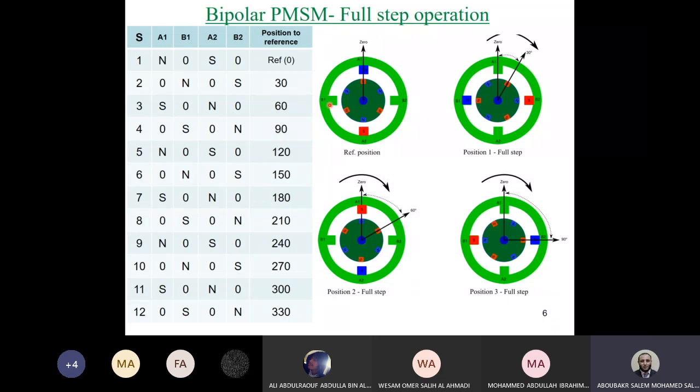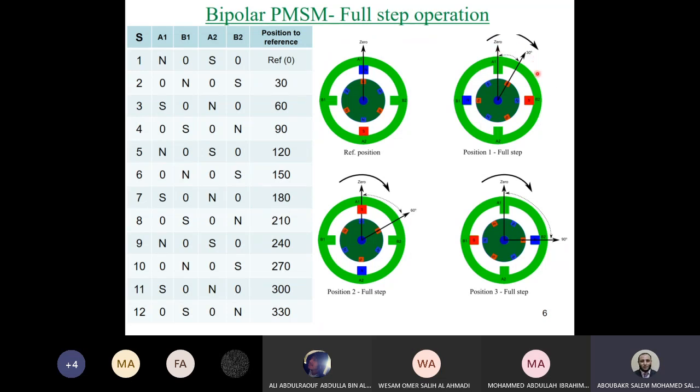So in order to make B1 N, we energize coil number 2, where B1 is N and B2 is S, and coil number 1 is de-energized. If this is N, it will attract the first close S, and if this is S, it will attract this N, so the motor will move 30 degrees clockwise, as can be seen in this part of the figure. So this is now one full step operation.